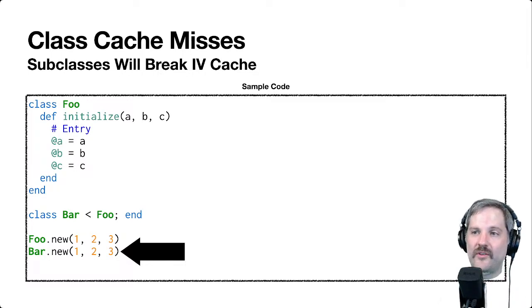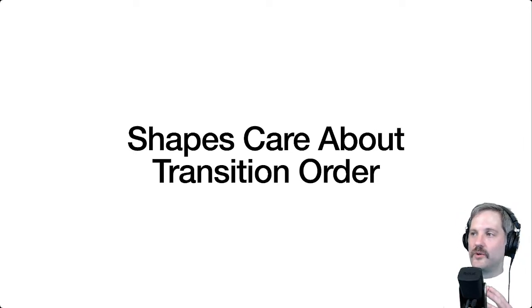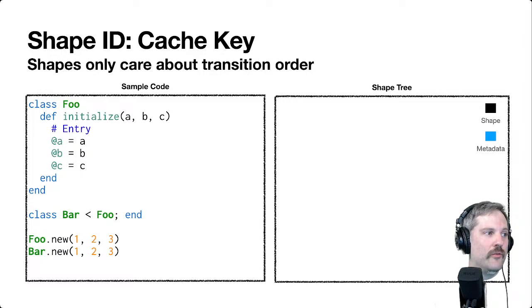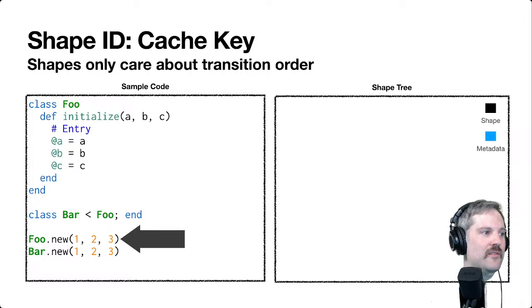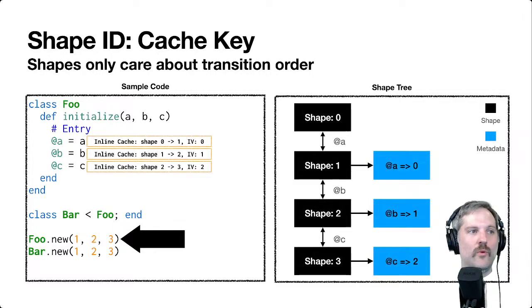So what's interesting here is that shapes really only care about the order of transition. So they only care about what instance variables we went through, that order of instance variables. They don't care about the class at all. So if we contrast this, let's say we have a shapes implementation. In this case, we'll execute foo and we'll create this shape transition tree.